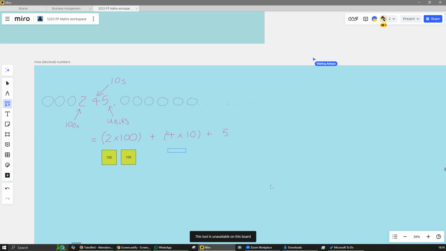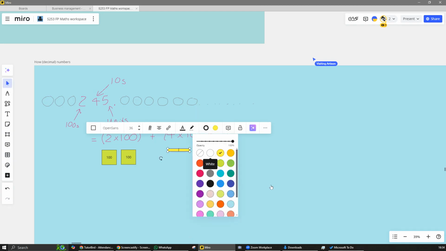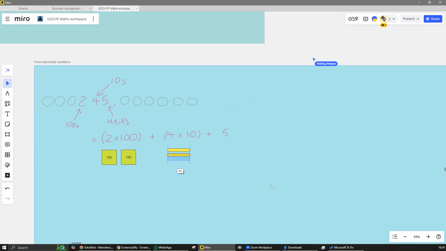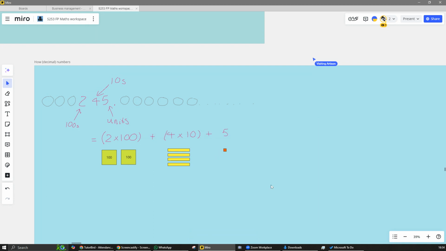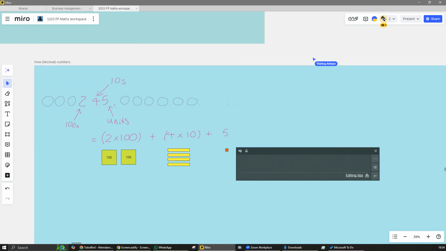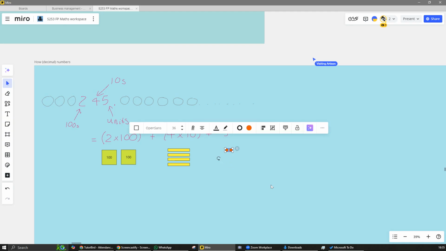And then we're going to say that that is a block of 10. We'll do that in a different colour. And there are 4 lots of those. And then there's a unit, which we'll do in red. Oh no, there's not a single unit, is there? There's 5 units. There's 5 of them.